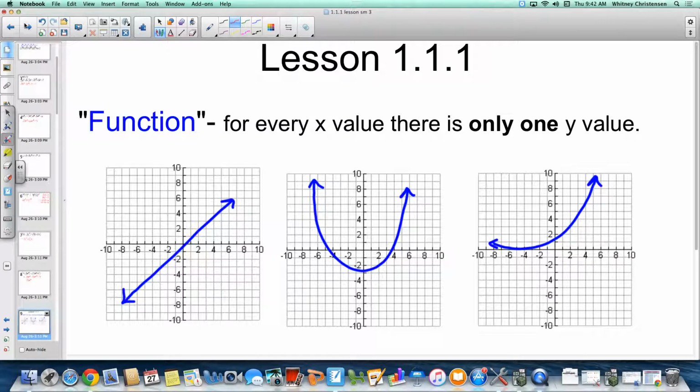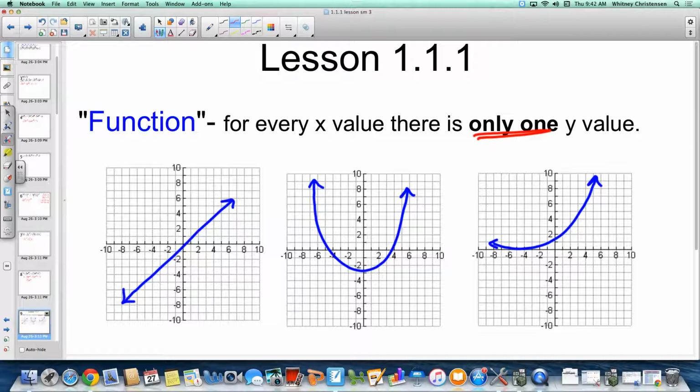Okay, so what makes something technically a function? What qualifies something to be called a function? A function is only qualified to be a function if for every x value there is only one, I'm going to underline that, only one y value. So I'm going to say that again. It's only truly a function if for every x value there is only one y value.